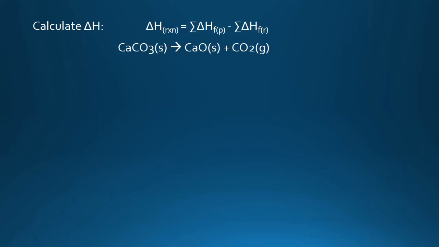So how do we go about and figure this out? Okay, so delta H, looking at section 12, this has negative 1207, this has negative 635, and negative 394.